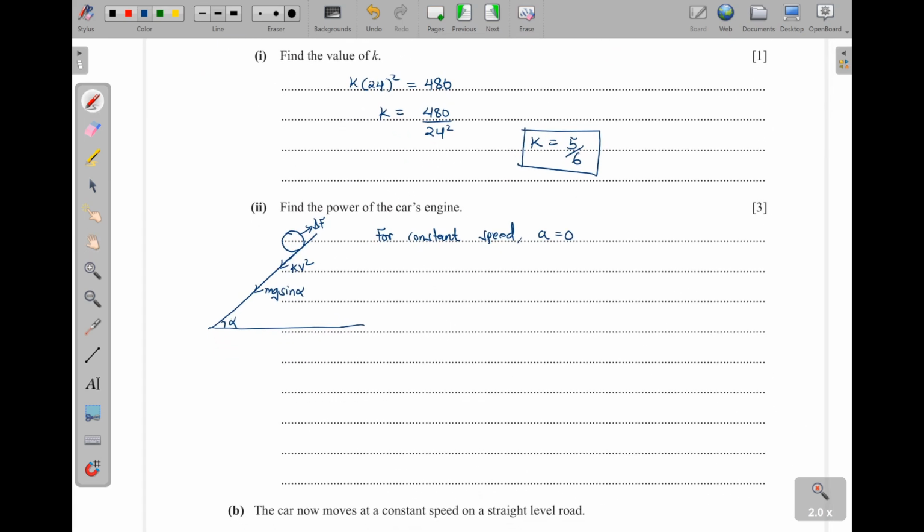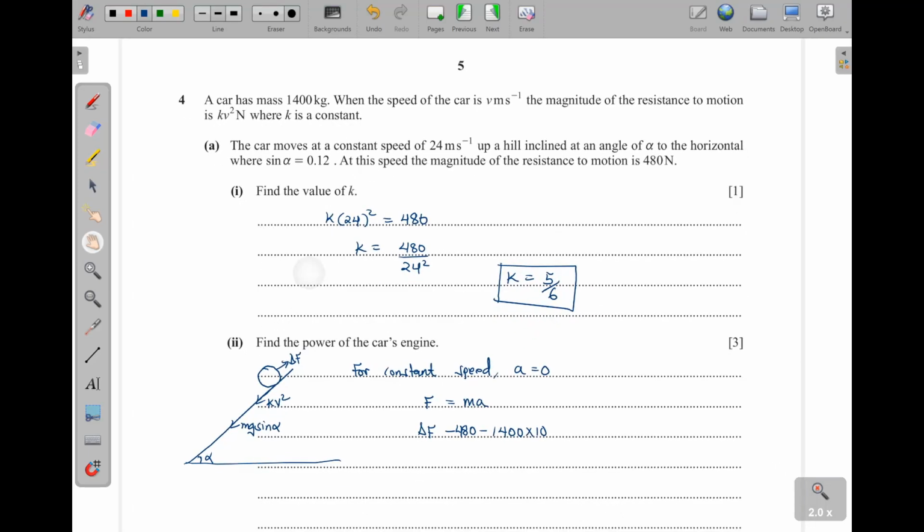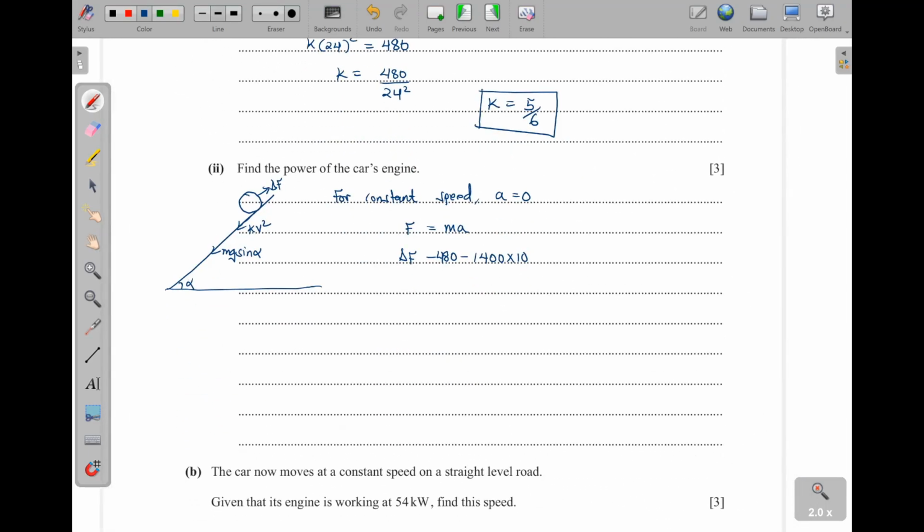Now, using our F equals ma, so the driving force here, then we subtract the forces that are opposing the motion. We have 480, then minus mg. M is 1400, the g is 10, then sine of alpha, it was given as 0.12.